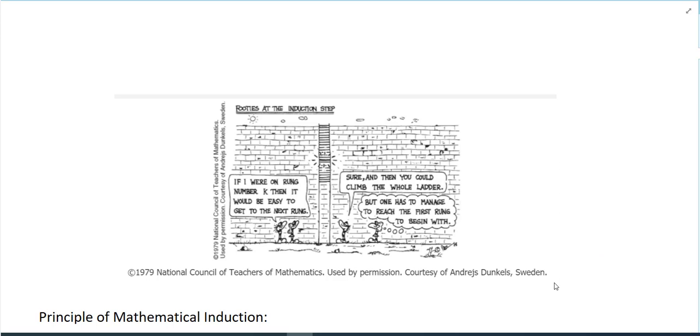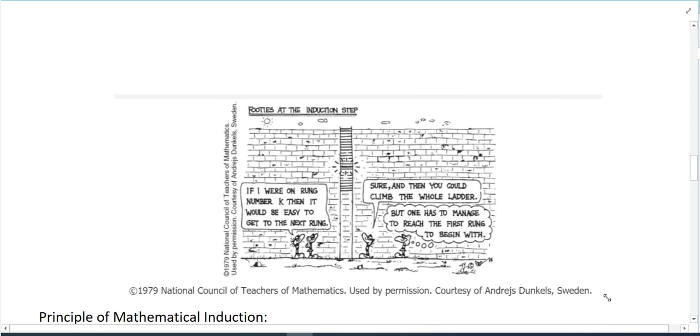There are these people looking at a ladder. Notice that the ladder starts in the middle of the wall and then it goes up. One person on the left says, if I were on rung number k, then it would be easy to get to the next rung, and then you could climb the whole ladder.